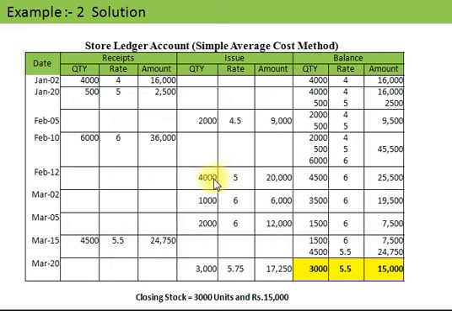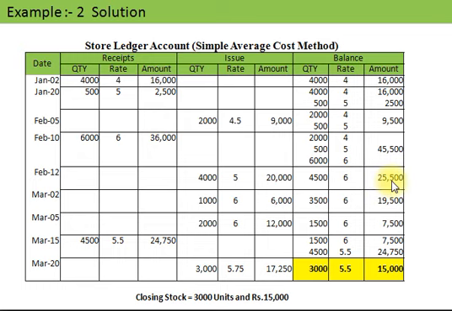And the rate will be the average of these three, 4 plus 5 plus 6, that is 15. 15 divided by 3, the rate will be rupees 5, and our total amount comes to rupees 20,000. Now balancing figure, out of 6,000 only 4,500, and rate will be rupees 6, but amount will be 45,500 minus 20,000, so it will be 25,500.